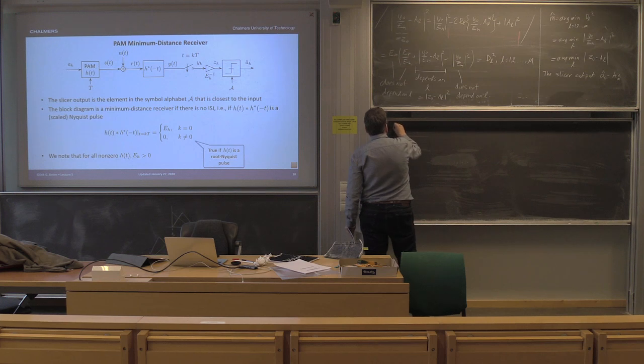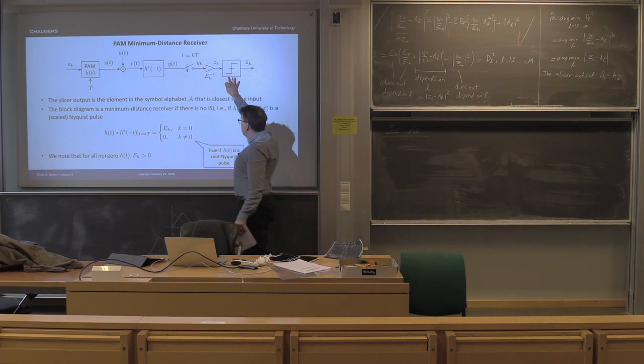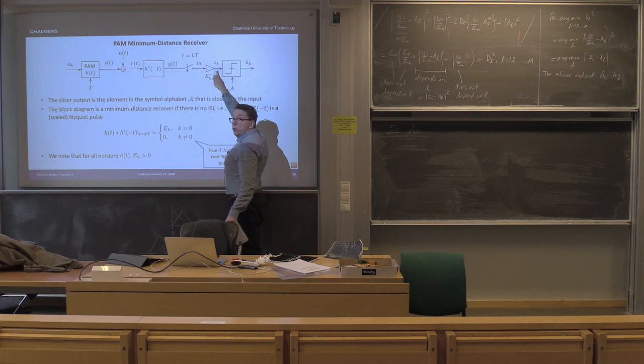So to illustrate the functionality of the slicer, this box here has a certain input and then a certain output. And the output is the value inside this set curly A which is closest to the input. Okay.